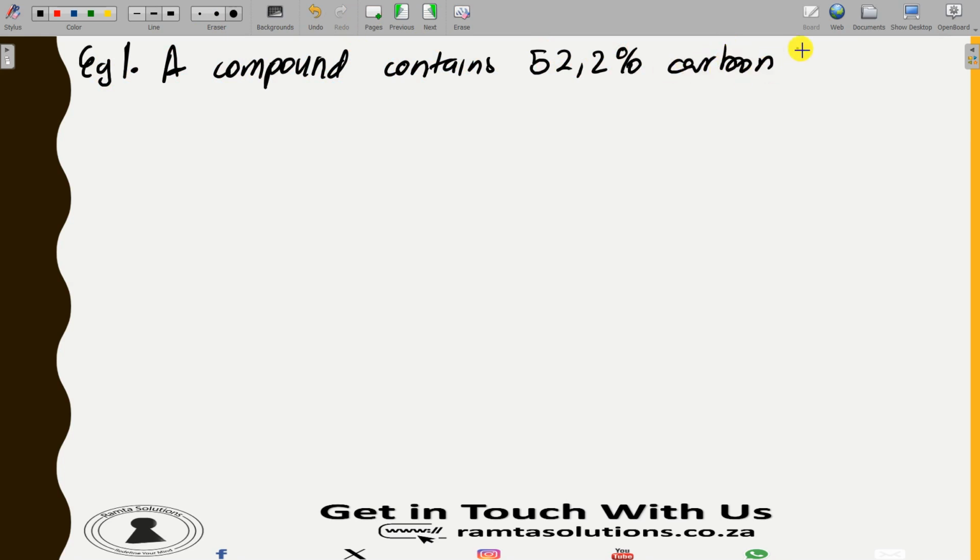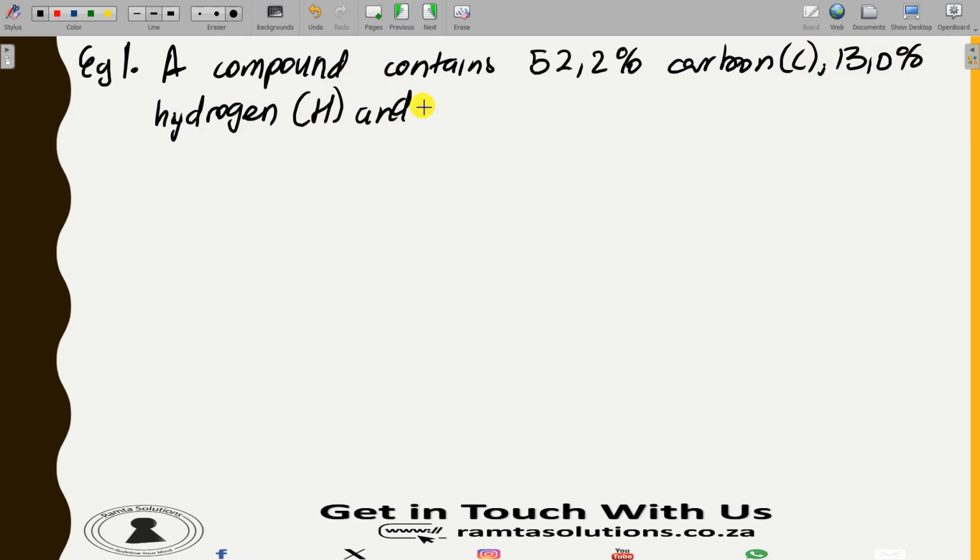Remember, carbon has the symbol C. And 13.0% hydrogen. Remember, hydrogen has the symbol H. And 34.8% oxygen. If you remember, oxygen has the symbol O. Now determine the empirical formula.